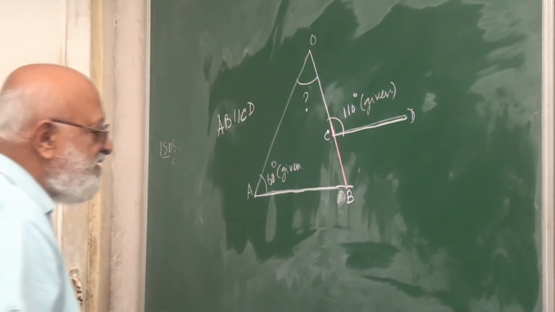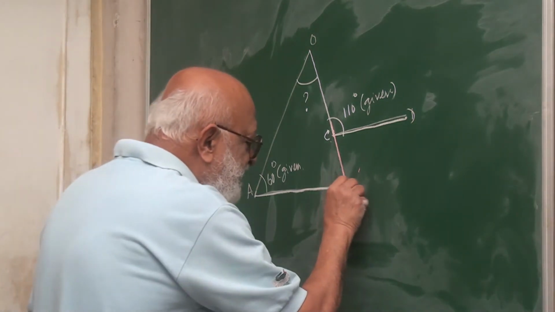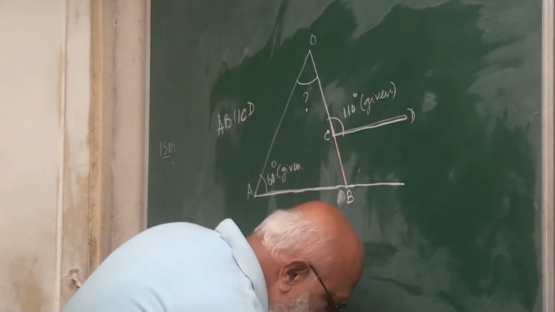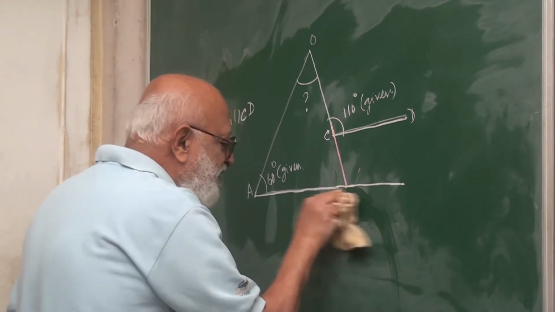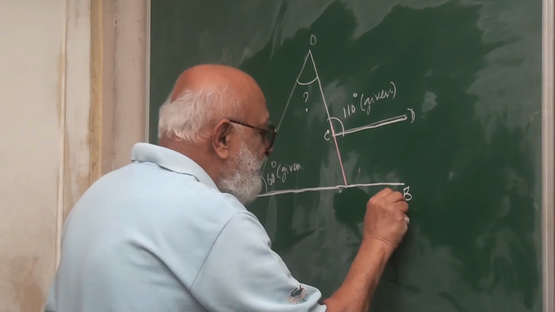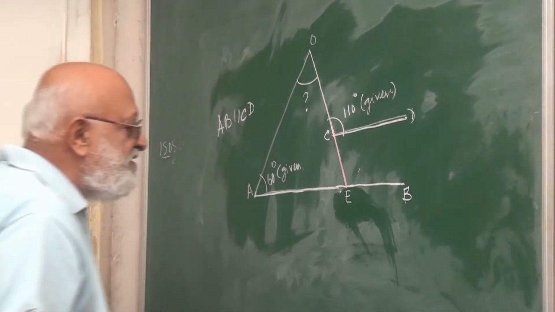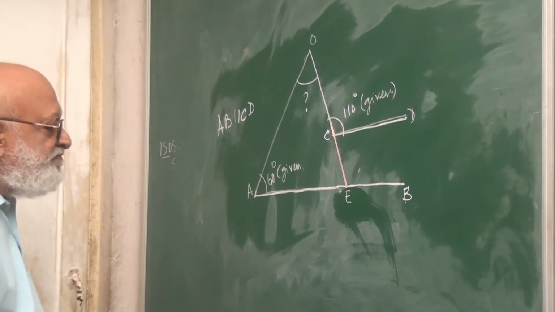Okay, now I further extend it. So I will say this is B, and I will say this is E. This will be advantageous to me to explain.